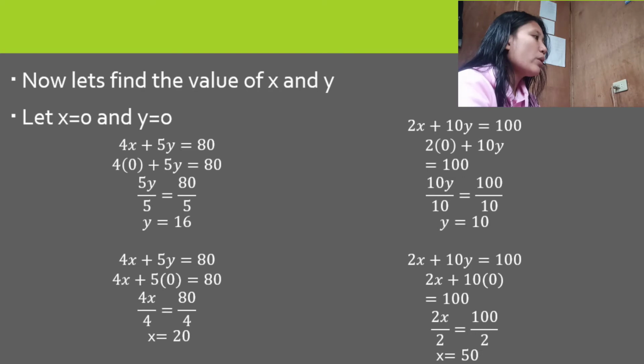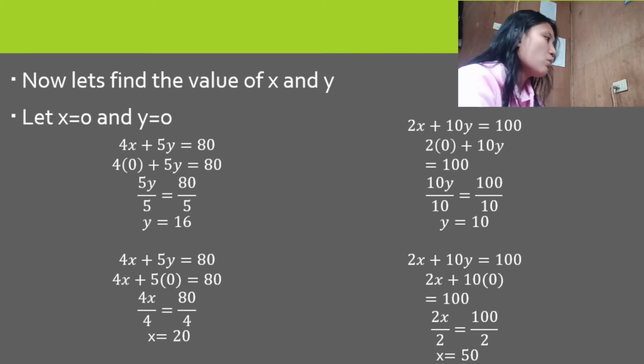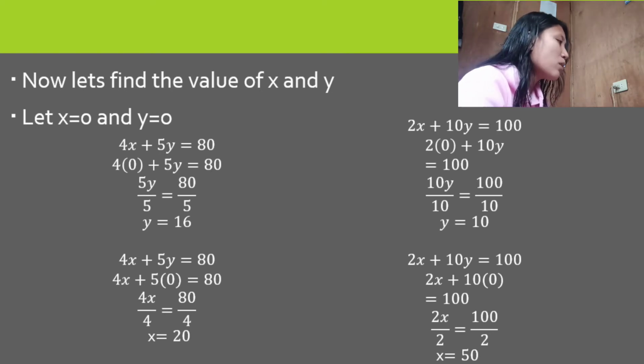For the second equation, we have 2x plus 10y is equal to 100. The x there is 0. So 2 times 0 plus 10y is equal to 100. So we have 10y is equal to 100. Divide both sides, so the value of y for the second equation is 10. Next, y is equal to 0. So we have 2x plus 10 times 0 is equal to 100.